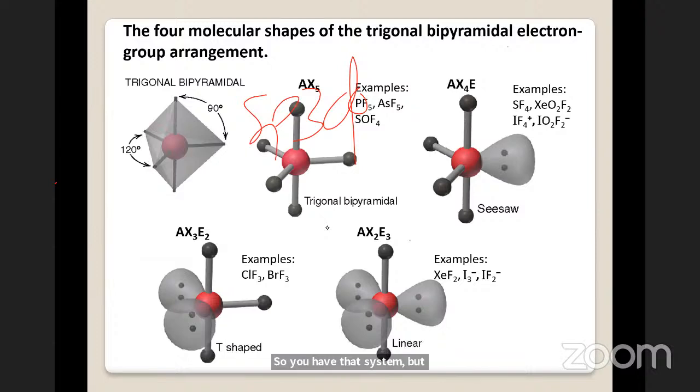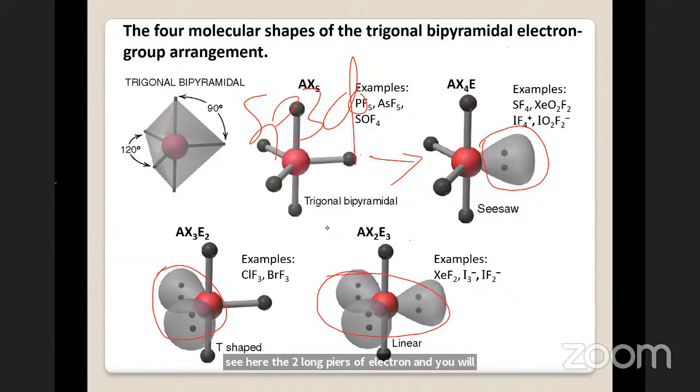But in the case of distortion, all the distortion is around the equatorial and not the axial. So you will see here one lone pair of electrons, here two lone pairs, and here three lone pairs. They did not affect the vertical bond. They only affected the equatorial bond, the one on the equator.